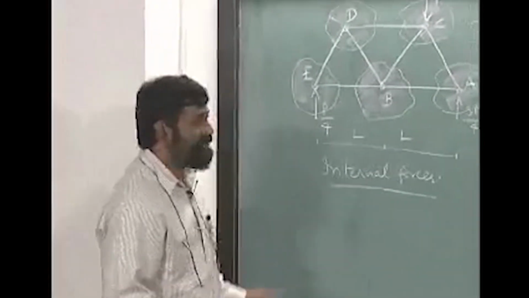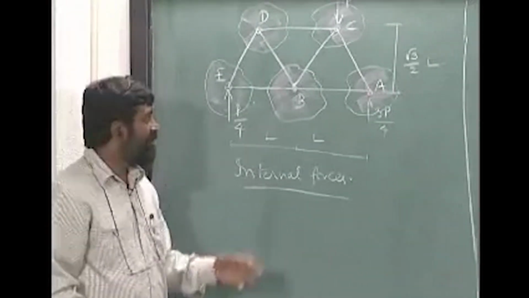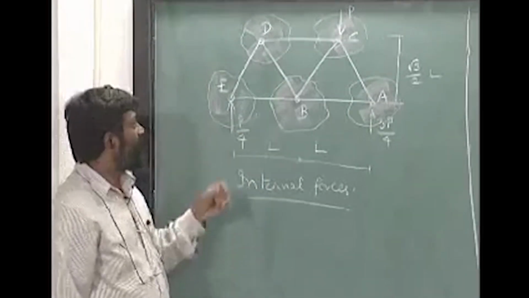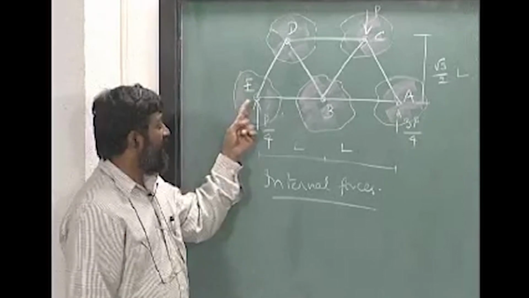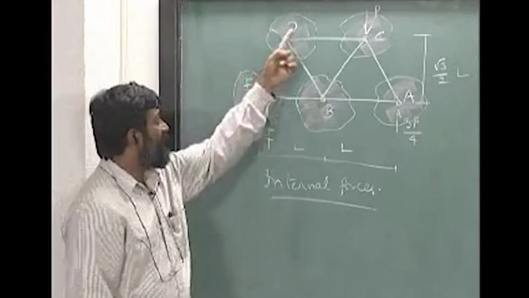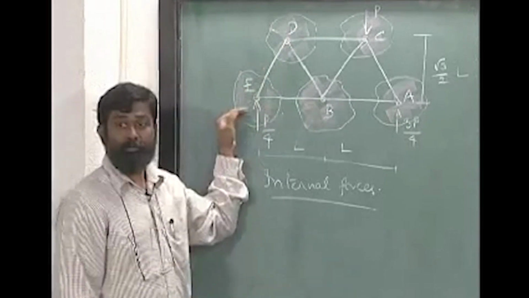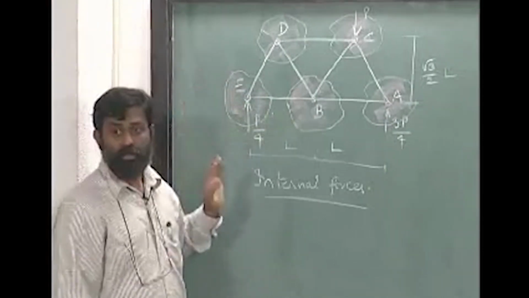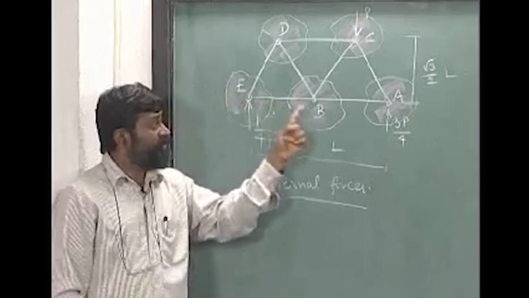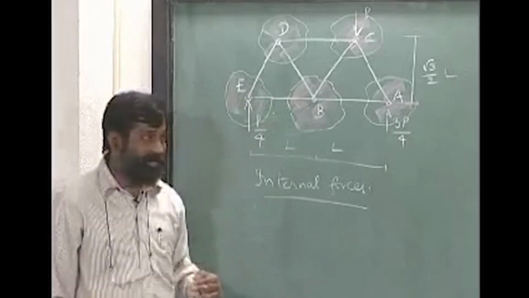Okay. So, the best thing that you can do is examine. If you look at this particular joint E, I have BE and DE as unknown member forces acting. Okay. Are there any other unknowns? No. And for every joint, how many equations can I write?